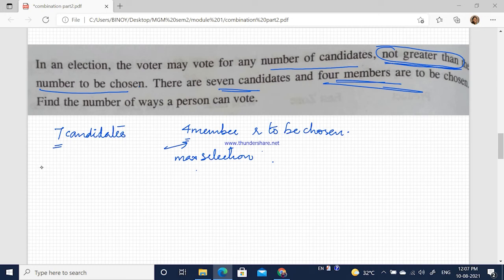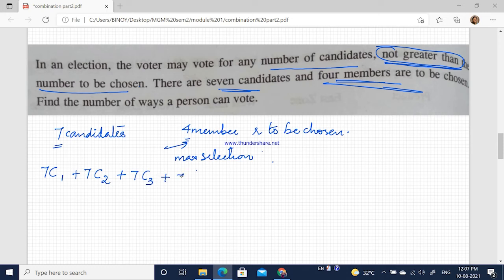So you can have a combination of 7C1. So from 7 candidates, I can select 1 member. That is a possibility. The other one, 7C2. I can select 2 persons. Or I can take 3 persons.